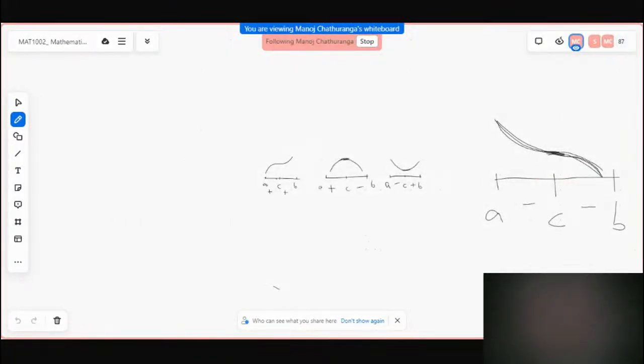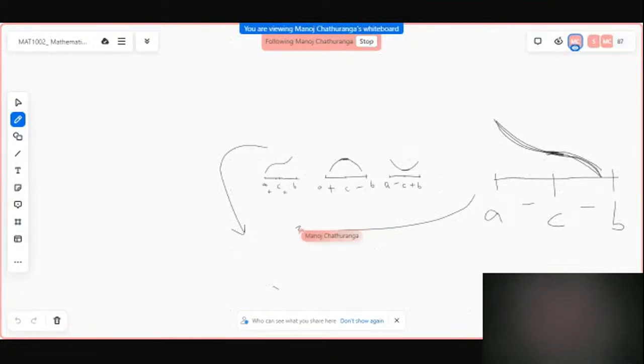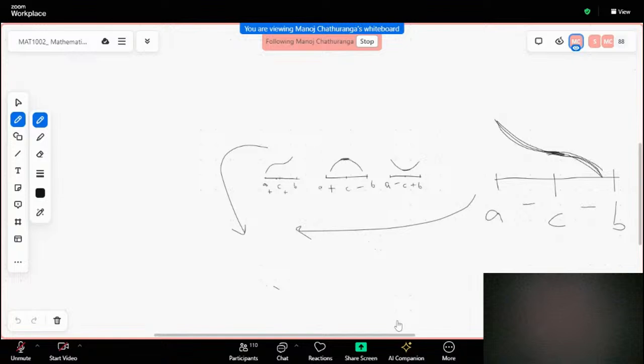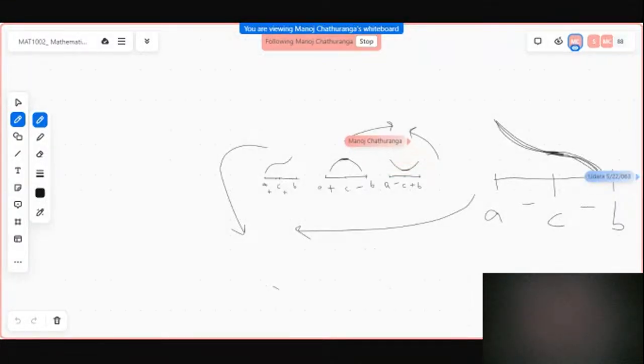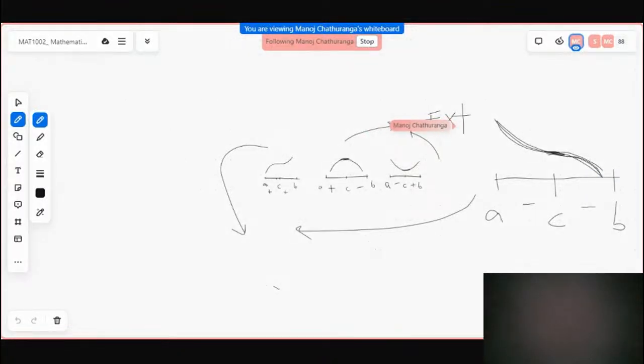So the first and the last cases are quite interesting. C is called an inflection point. It is not a relative maximum or minimum. So these are extreme points, and these are inflection points.